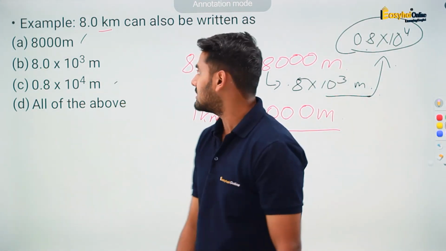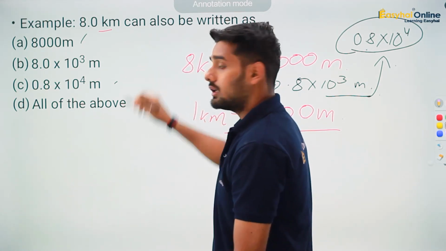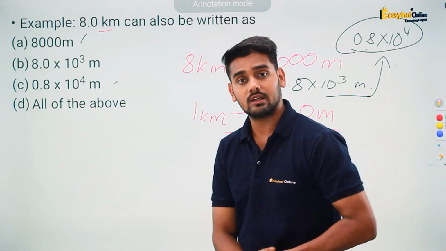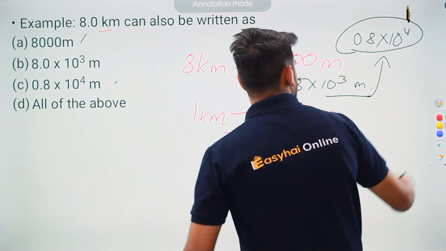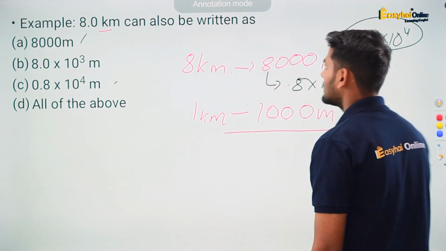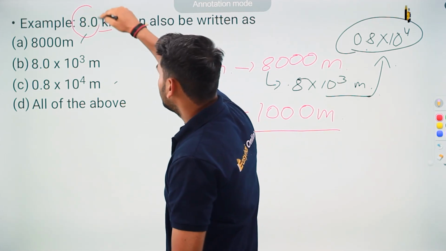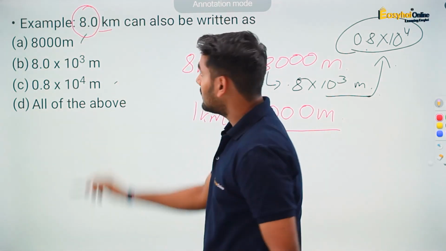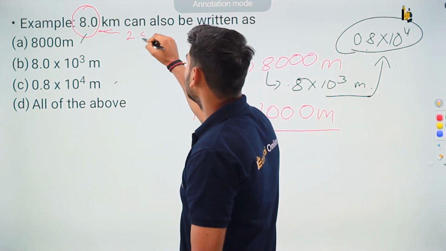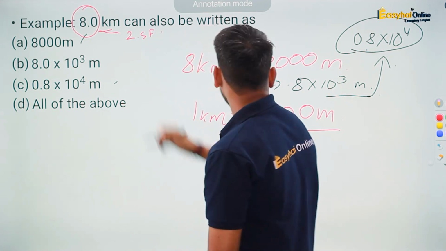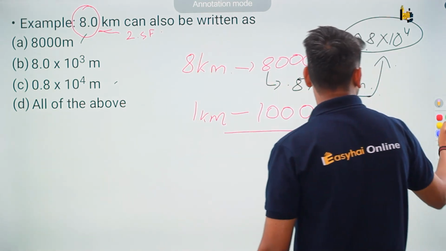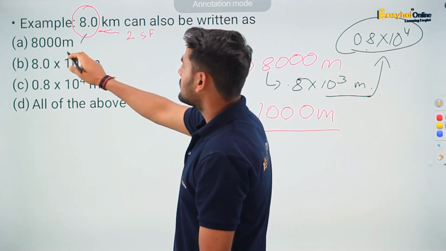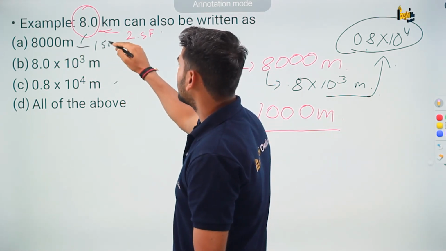Now in this case, we need to look at it from the perspective of significant figures. So first of all, how many significant figures are there in the question? 8.0 kilometers. There are two significant figures. How many significant figures are here? Look at this. 8,000 meters. That means only one significant figure.